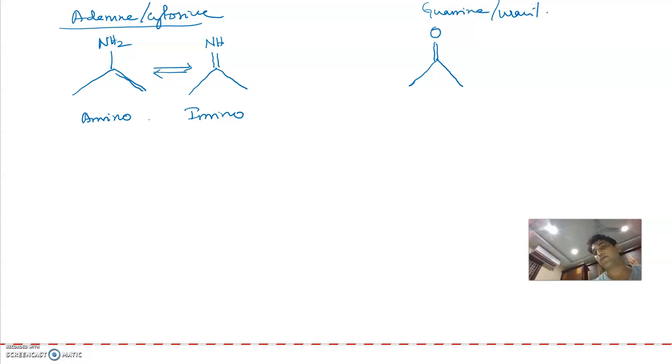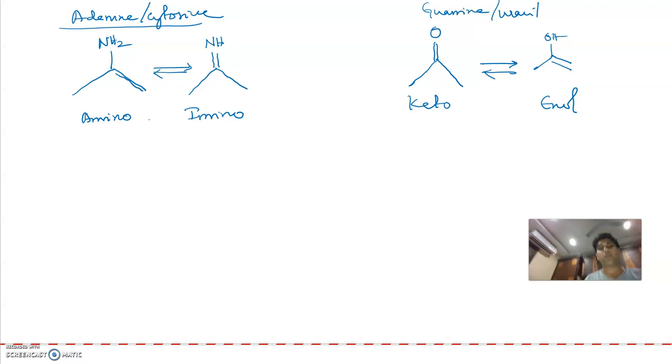They have a keto group on the top. This keto group can exist as an enol form also. Keto, enol. So this is the tautomerism that we were talking about.